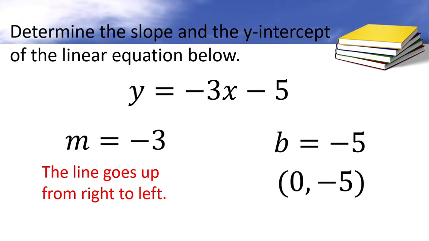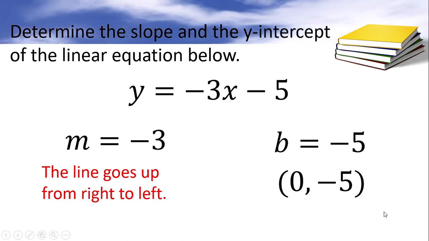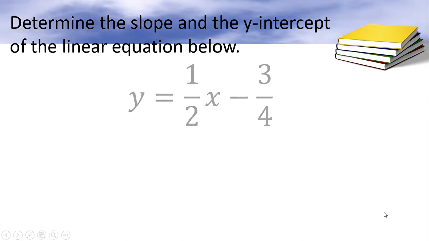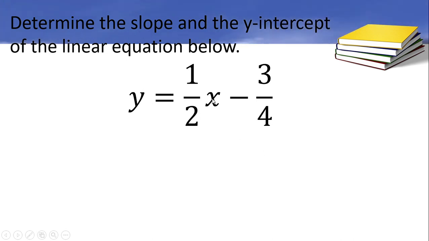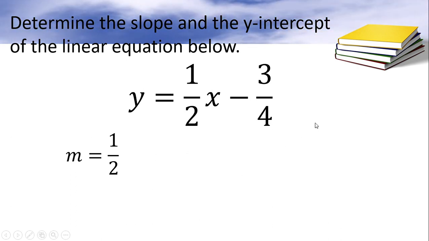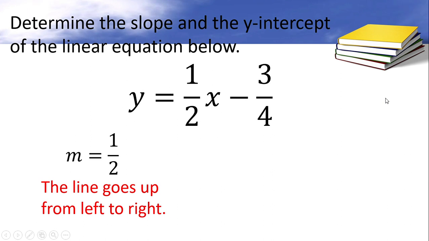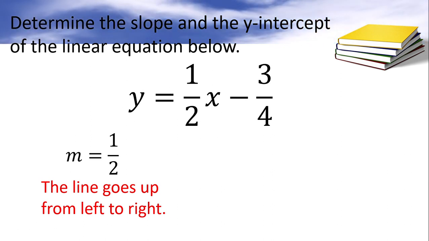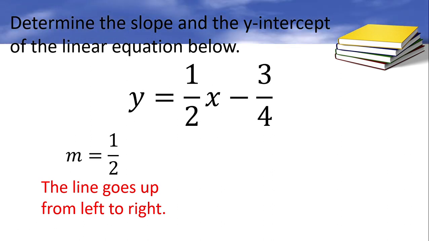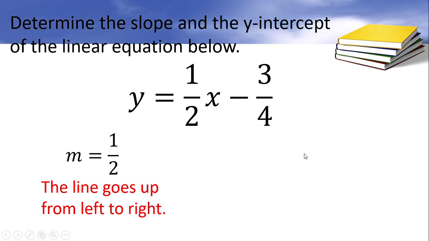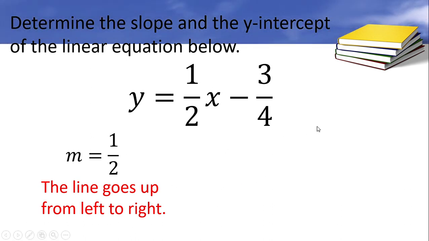Next, let's have another example. We have y is equal to 1/2 x minus 3/4. Our slope here is 1/2, or m is equal to 1/2. Since we have a positive slope, the line goes up from left to right.